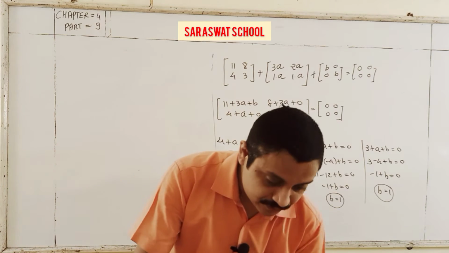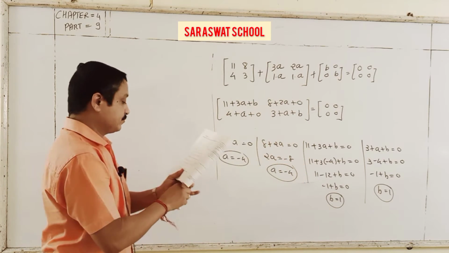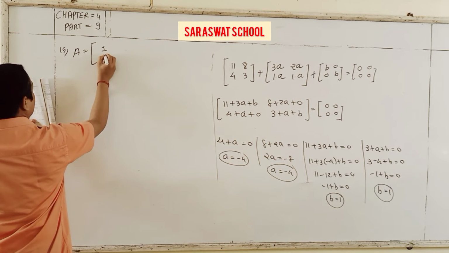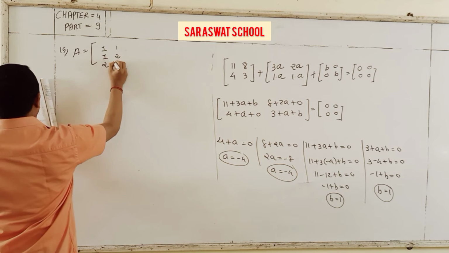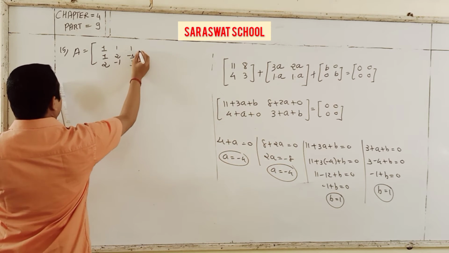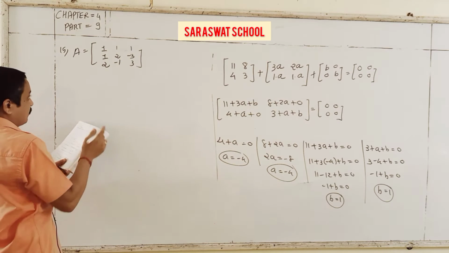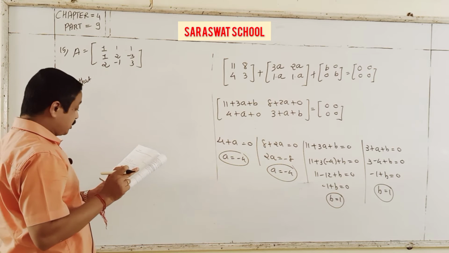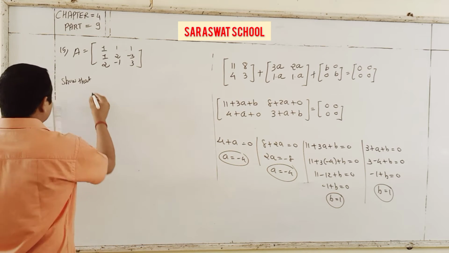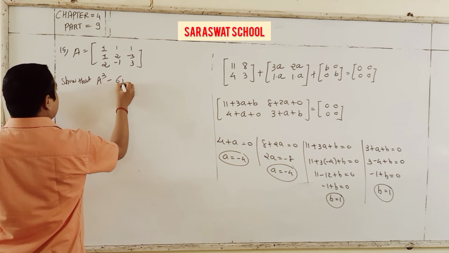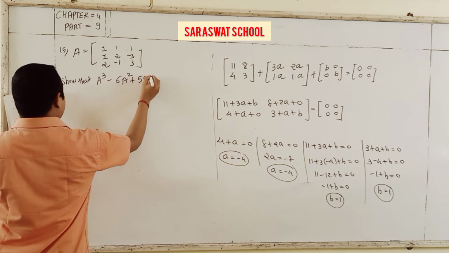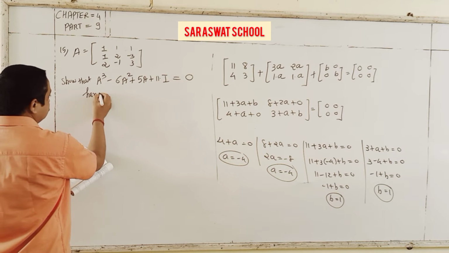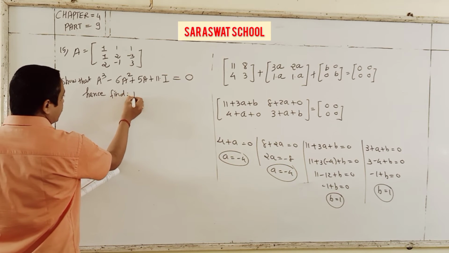So the question is: for the given matrix A equal to [1 1 2; 1 2 -1; 1 -3 3], first of all show that A cube minus 6A square plus 5A plus 11I is equal to 0, and hence find A inverse.